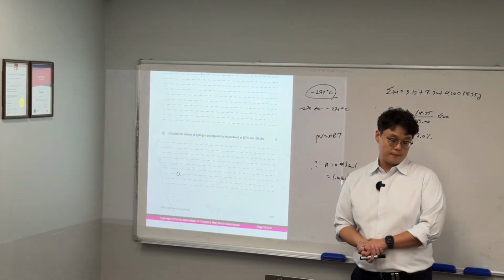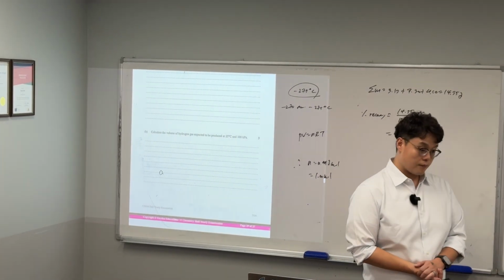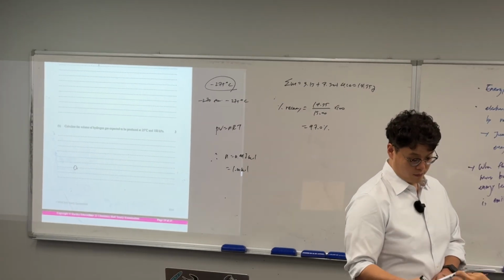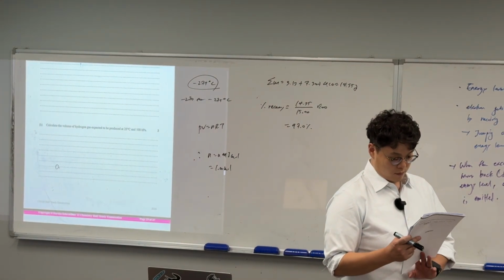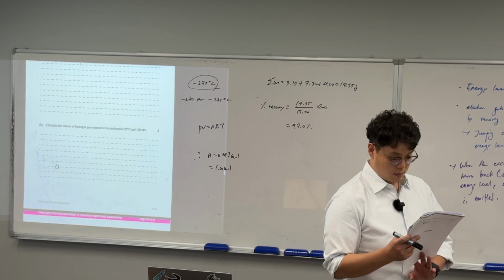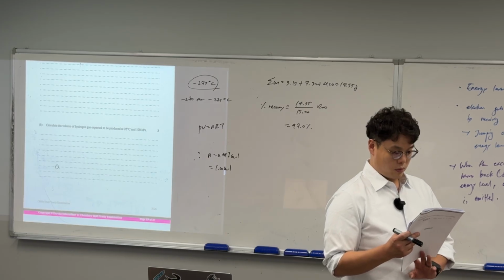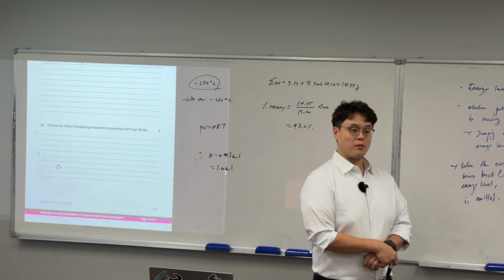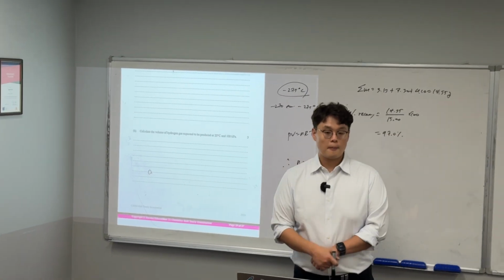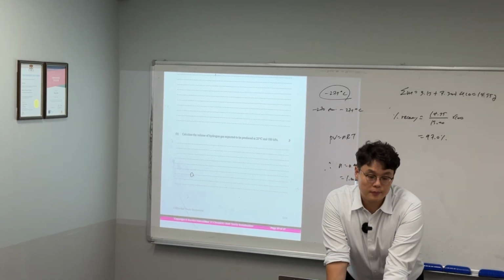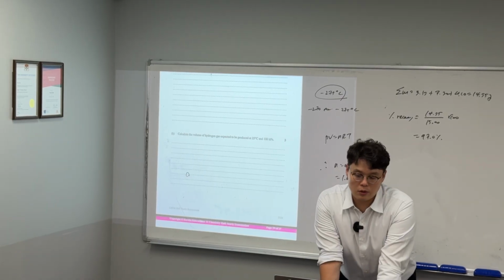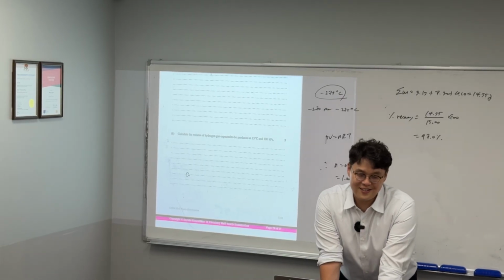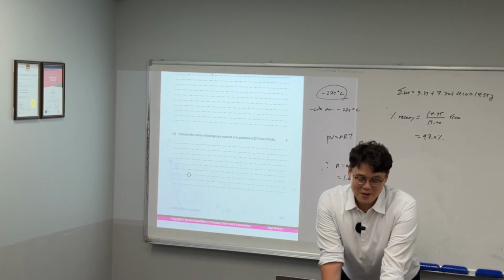What's wrong with this? Could I use C equals n over V for that? n equals that. How did you get the n of the hydrochloric acid? Why did you use m over MM? Can you use the ideal gas law? You can. What did you get? How many grams?